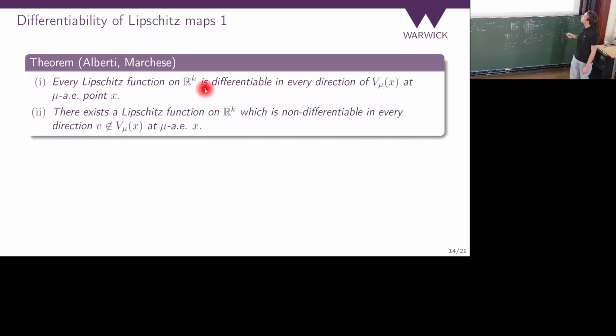And secondly, you can't do any better than v mu. There exists a Lipschitz function on Rk which is non-differentiable in every direction which is not in the tangent bundle at almost every point. So this is like Rademacher on steroids, right? In one direction.